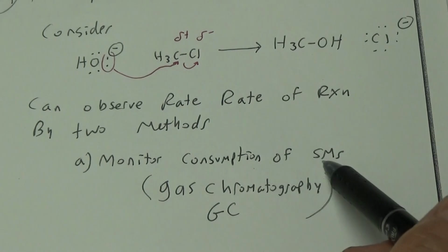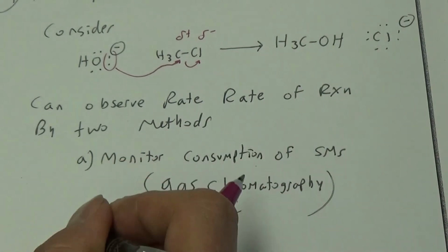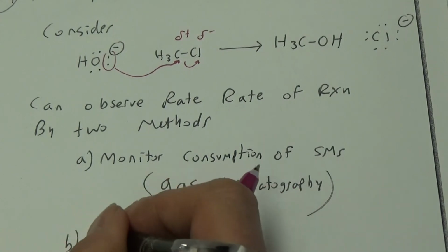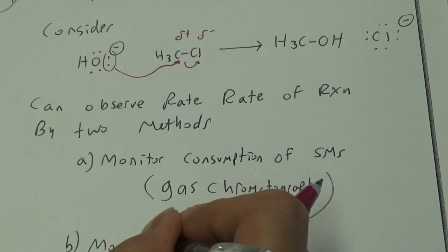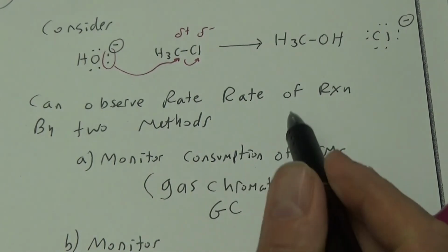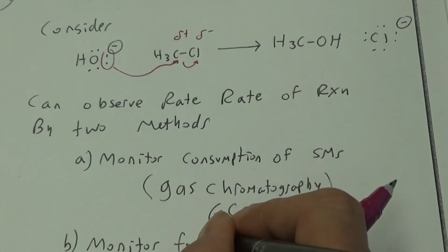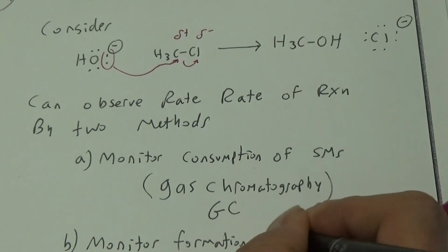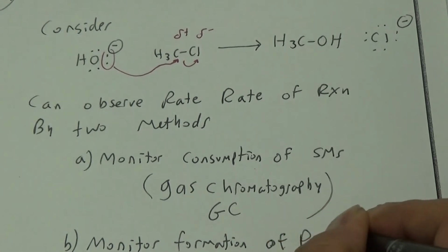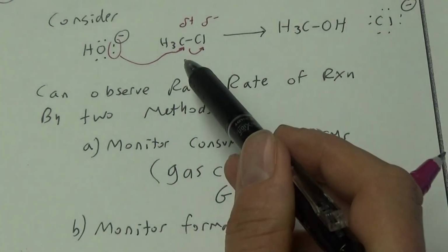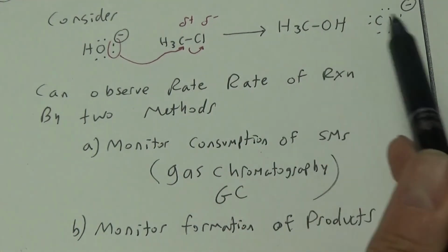So we can monitor the consumption of the starting materials, or we can monitor the formation of products. We can monitor this stuff going away or this stuff forming.